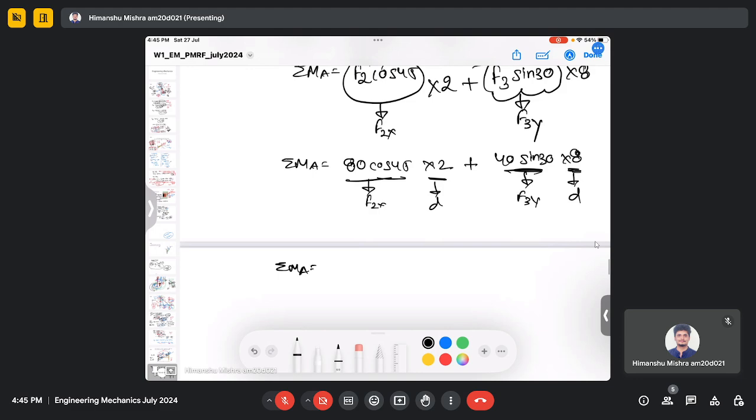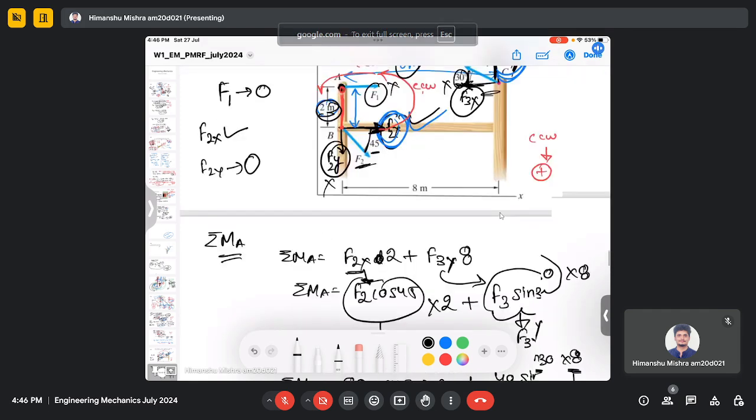So on solving this, the moment at point A will be 273.13 Newton meter. So this will be the moment at point A.